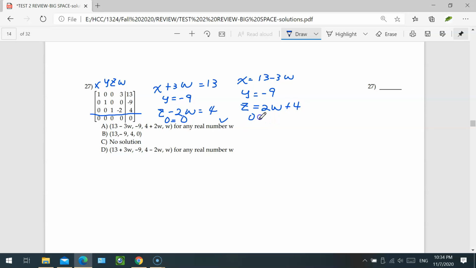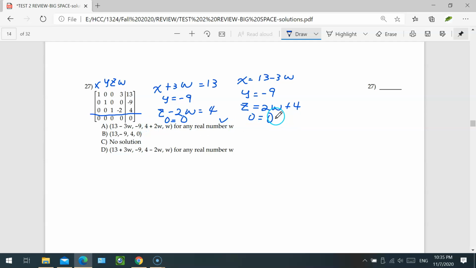And then 0 is equal to 0. So the solution we have here would be x equals 13 minus 3w, y is equal to -9, and z is equal to w plus 4.